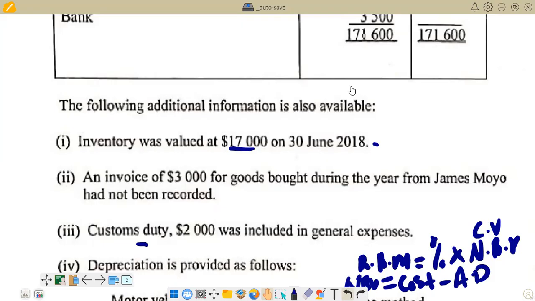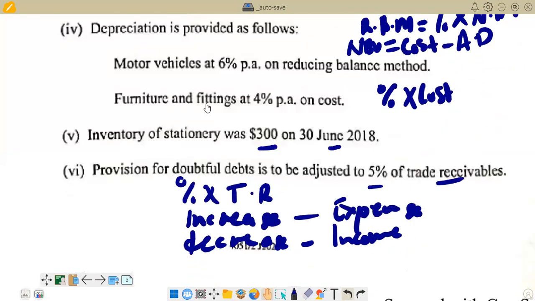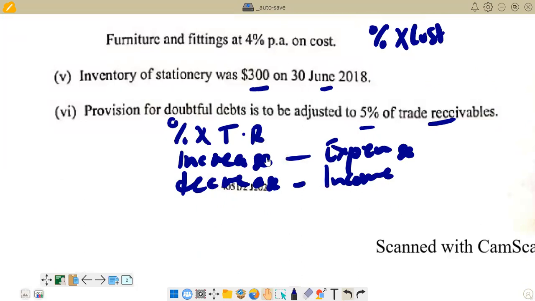If there was a decrease in provision of doubtful debts, remember we said it's income. Provision for doubtful debts, we said it's income. Remember here we highlighted that when there's an increase, it's an expense. When there's a decrease, it's an income. So we check for provision for doubtful debts if we have a decrease. If you have a decrease, we have to put it under other income.